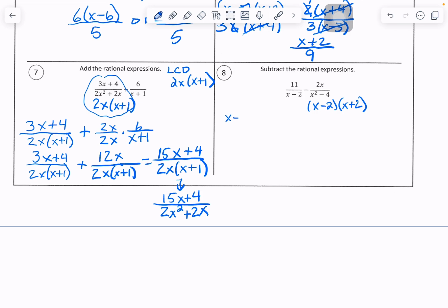So we're going to take x plus 2 over x plus 2 and multiply by 11 times x minus 2. I guess we should put these in parentheses. All right, and then we have plus 2x over x minus 2, x plus 2.